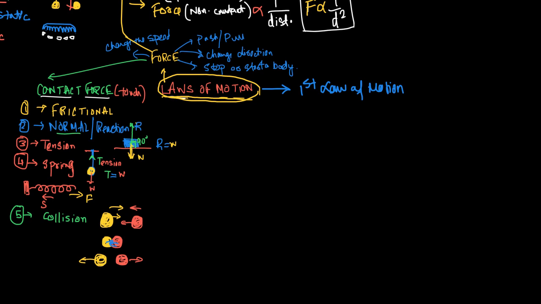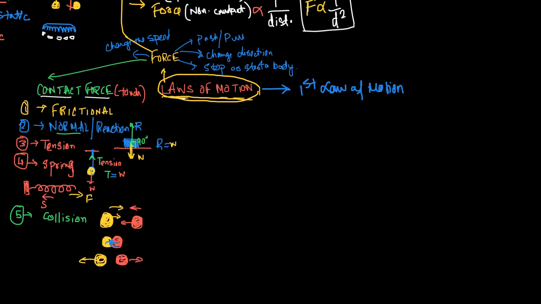That means if someone was sitting at some place, it will keep sitting at that place, unless someone else puts a force on it, which means a body cannot move itself without an external force applied to it, right?